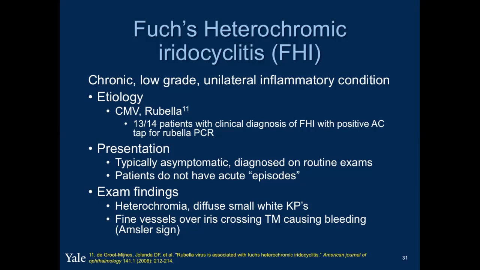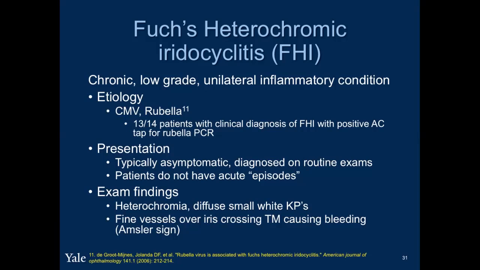So patients with Fuchs are typically asymptomatic, and they have this chronic low-grade inflammation with some very minimal elevation in their IOP that can go undiagnosed for a long time because they're asymptomatic. Whereas Posner-Schlossman syndrome, as you saw for this case, they present with an acute unilateral eye pain and acute elevations in IOP.